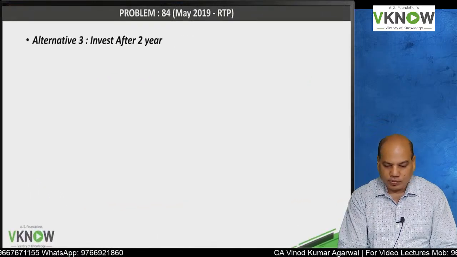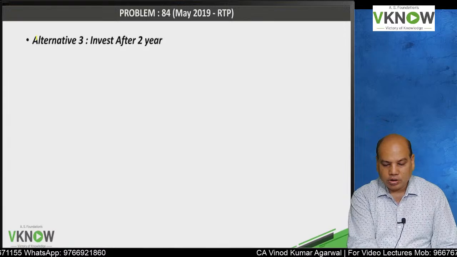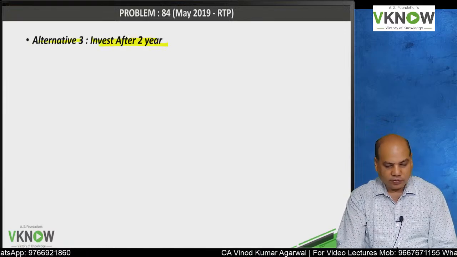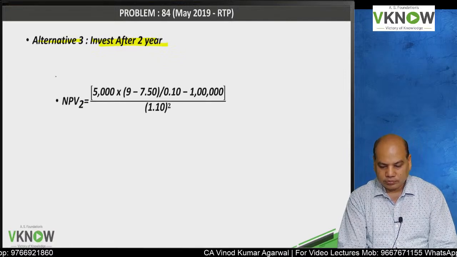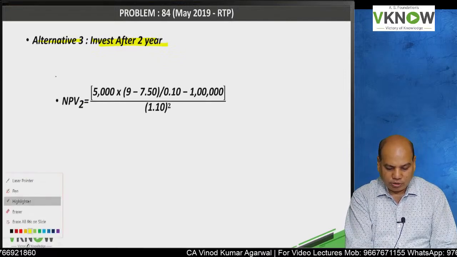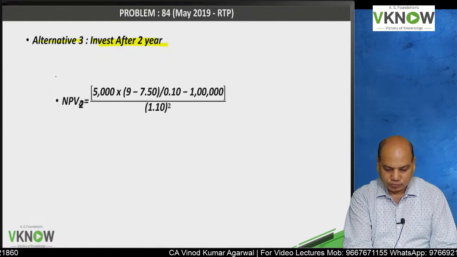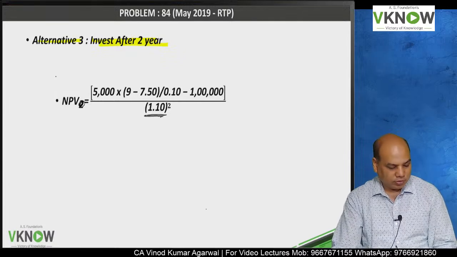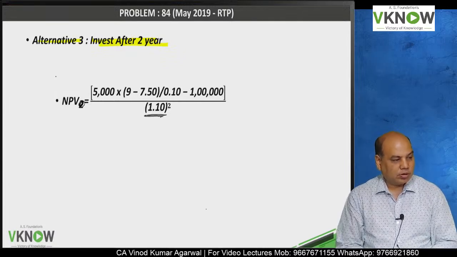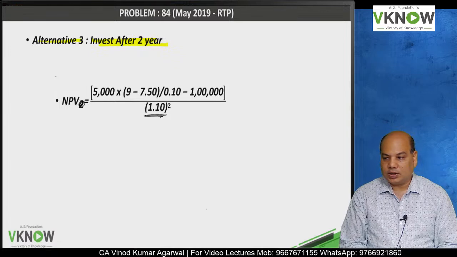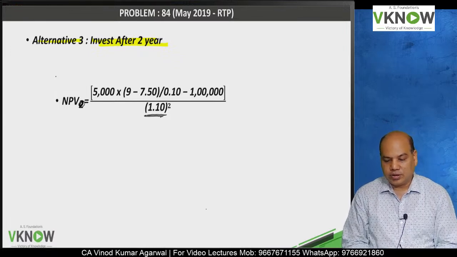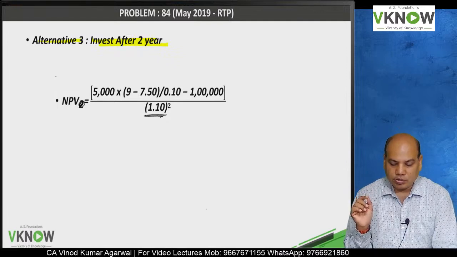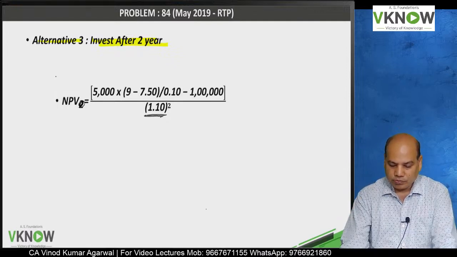Now write down alternative 3, invest after 2 years. Same formula, but my NPV would be calculated by discounting by 2 year factor here. Question in front of you. Quantity to be sold 5,000 into bracket selling price 9, variable cost 7.50, bracket close.